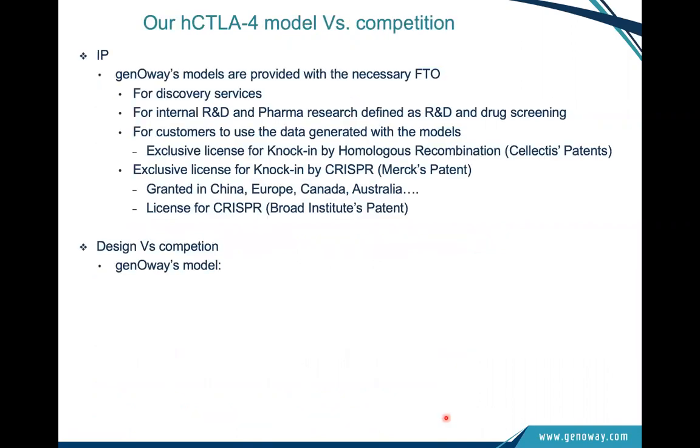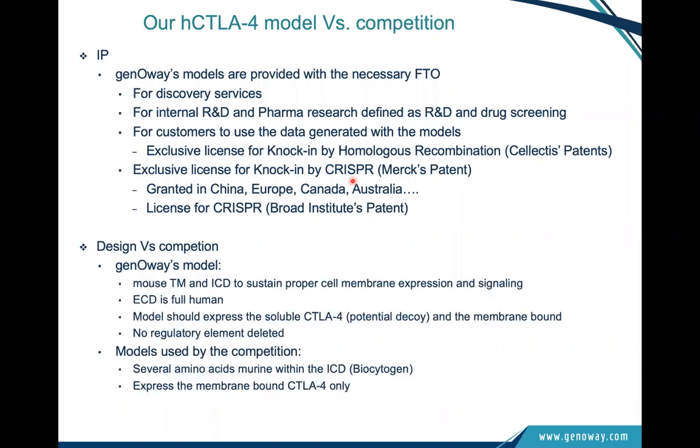Again, how does the model differ from the competition? First, the models are provided with freedom to operate based on the licenses that we own here at genOway, and that can be transferred to you. And the regulation is much more physiological than the existing model, since in our model we have both expression of the membrane-bound CTLA-4 and the secreted form.